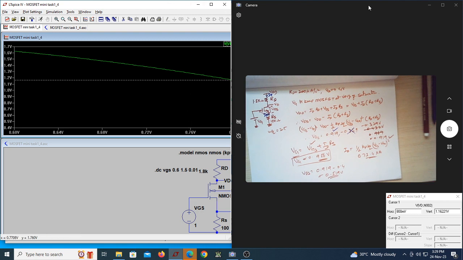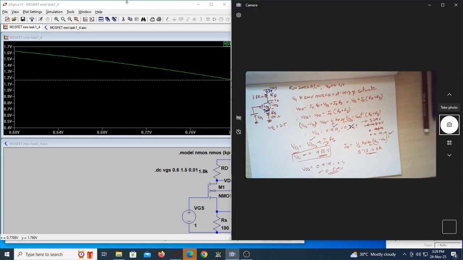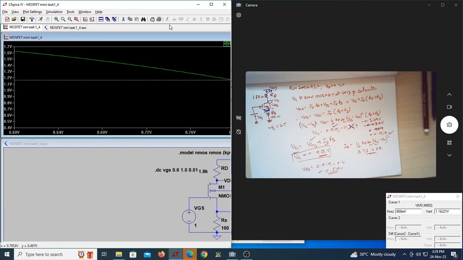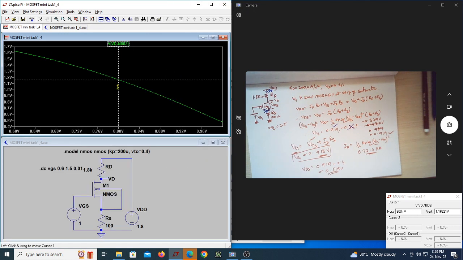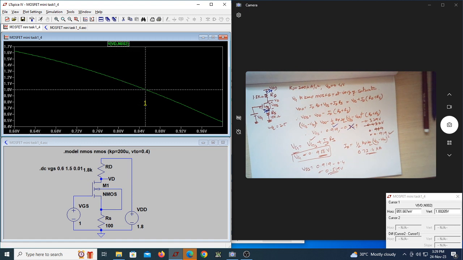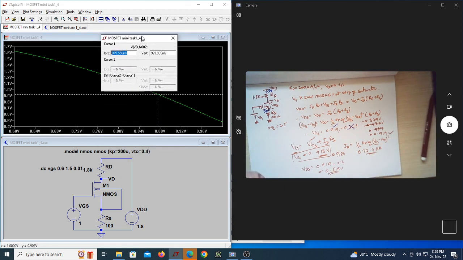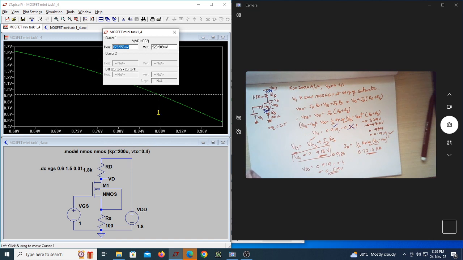I'll show you that. I'll just keep on moving this. When VG is equal to 0.986, you concentrate on this 0.986.